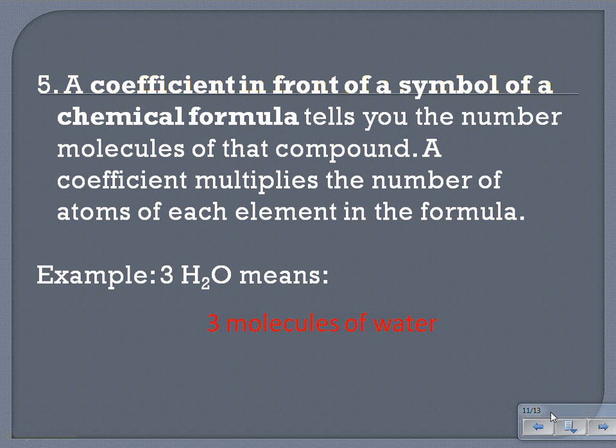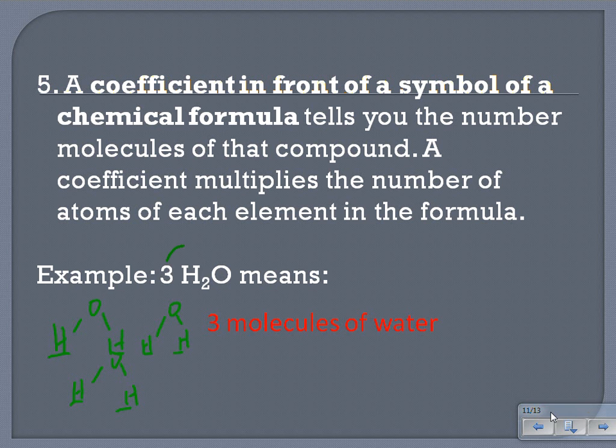3 molecules of water. So if I actually draw those out, here's 1 H2O, here's 2 H2Os, here's 3 H2Os. I've got 3 molecules of water. If I count, how many hydrogens do I have? 1, 2, 3, 4, 5, 6.